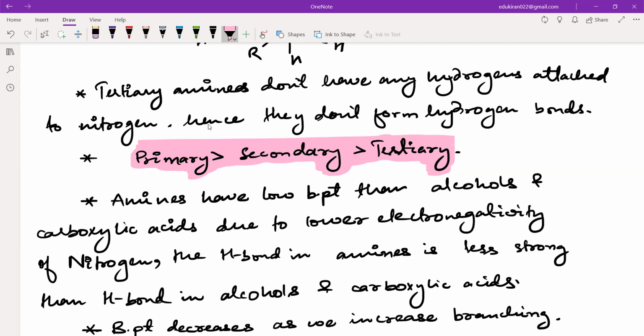The primaries. Primary is? Yes, Amalia. Primary is greater. Primary is greater, no? But you answered totally different. Why is primary greater? Amalia, can you tell me?